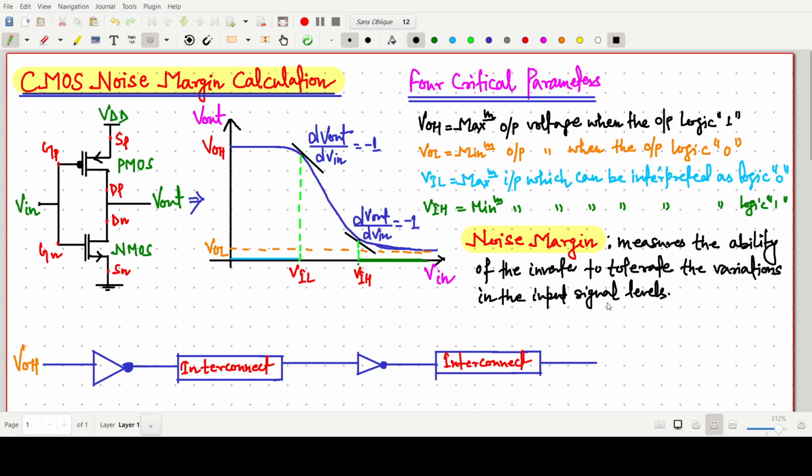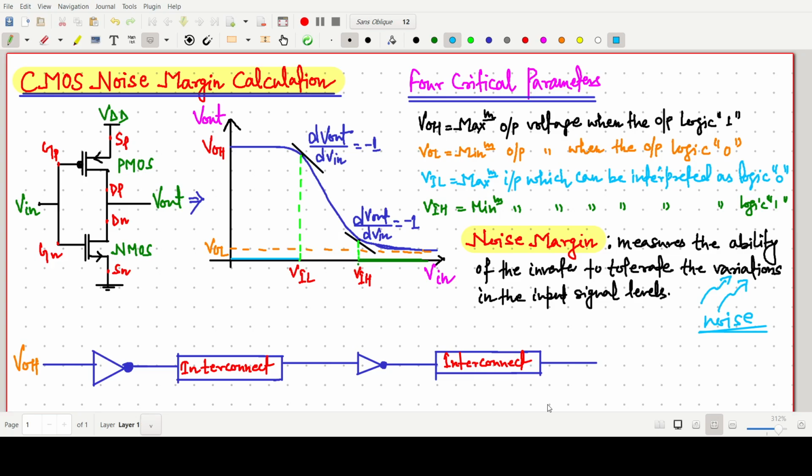The variation in the input signal may arise due to some noise. If some noise is coming, how much variation, how much noise can the inverter tolerate? Clear? So noise margin measures the ability of the inverter to tolerate the variation in the input signal levels.